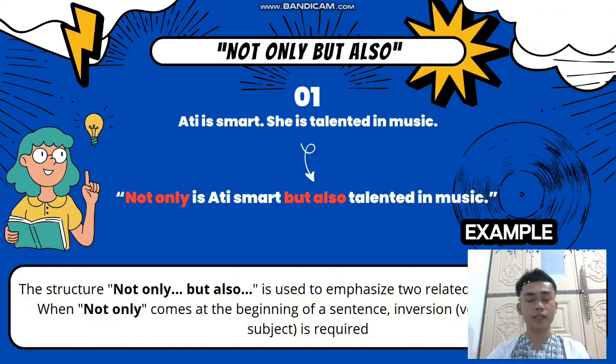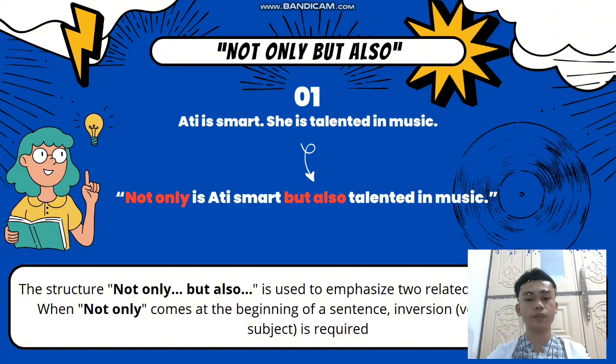Slide number 1, example number 1. In the first example, we have two sentences: Ati is smart, she is talented in music. These sentences are combined using the structure not only...but also, resulting in: not only is Ati smart but also talented in music.